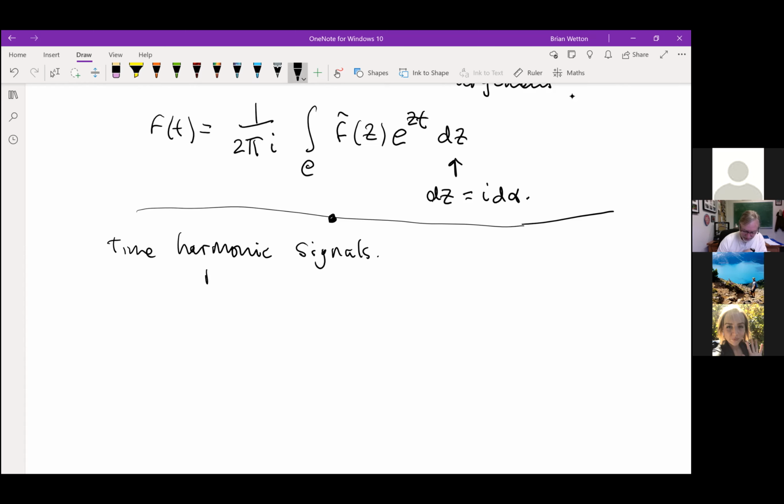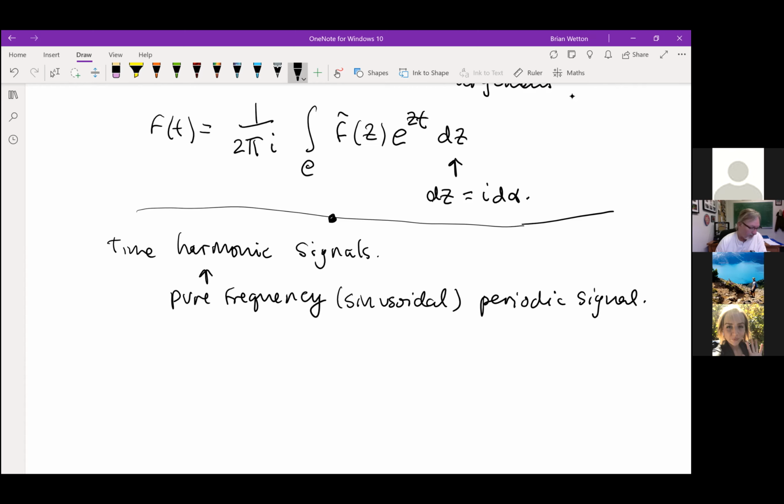I mean a pure frequency, so sinusoidal periodic signal. So I'm talking about with frequency omega. So this is actually angular frequency.